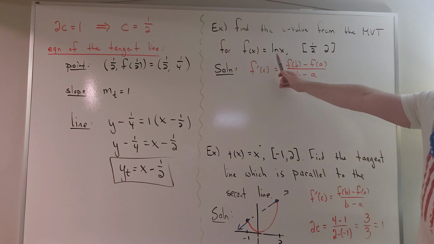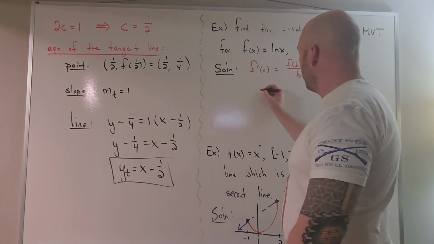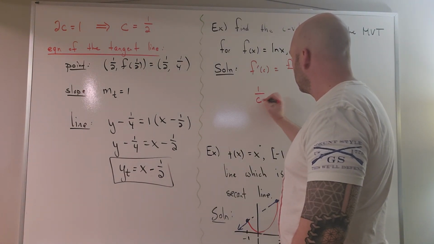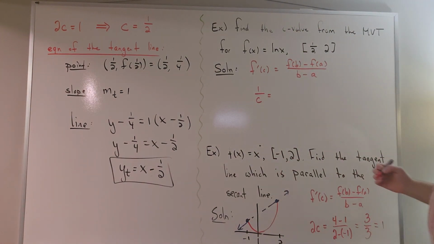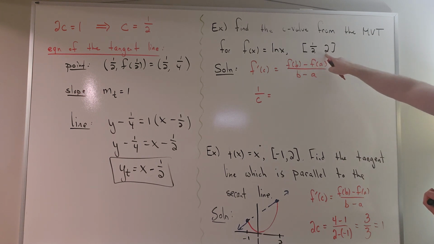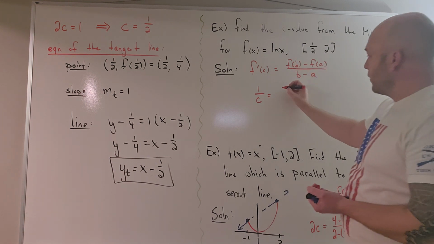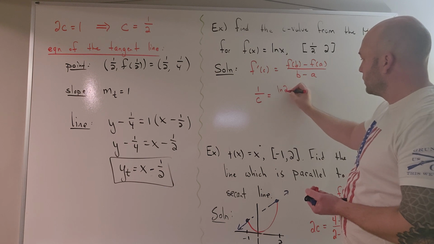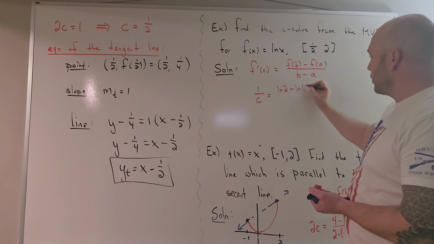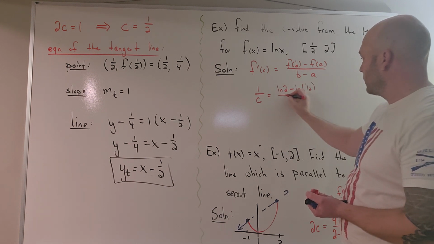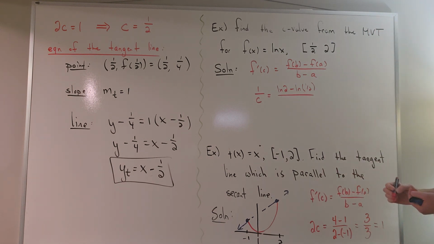And then plug in c, that would give me 1/c is equal to, now if I plug in again, this is a, this is b, that would be the natural log of 2 minus the natural log of 1/2 over 2 minus 1/2.